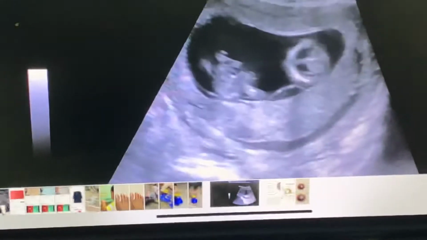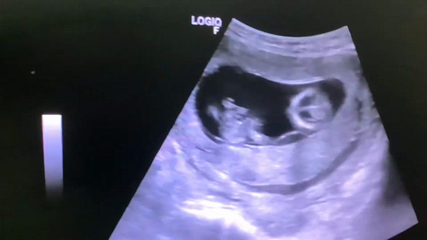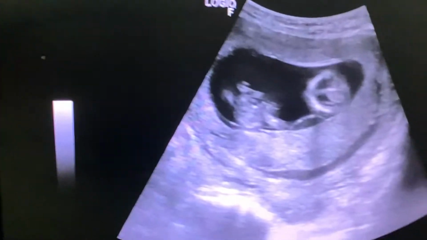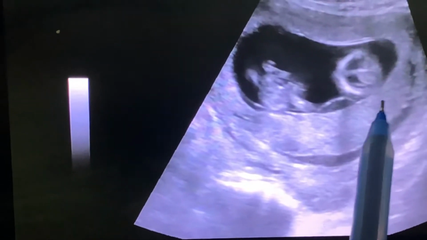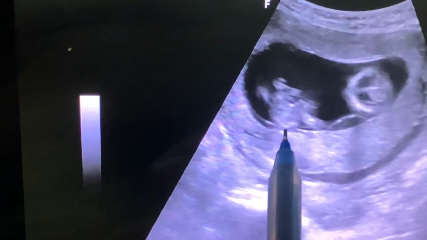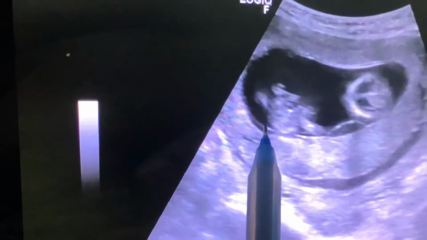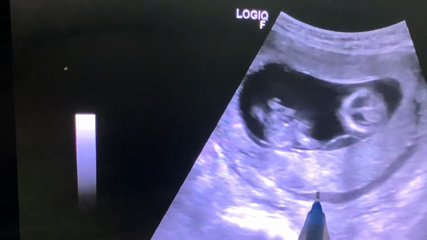If we have some basic knowledge about the anatomy of the first trimester, then what actually has happened is that this is the area where the amnion is present. This is the amniotic membrane, and this is the chorionic membrane here.